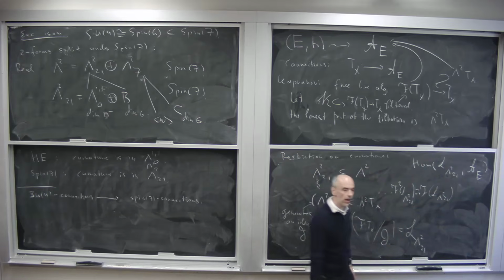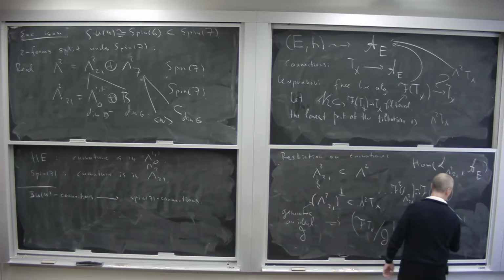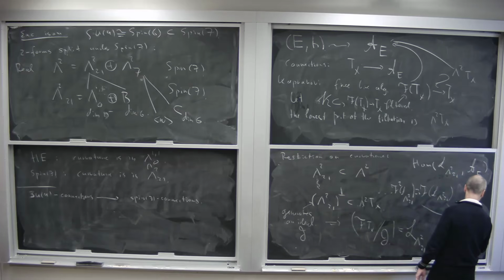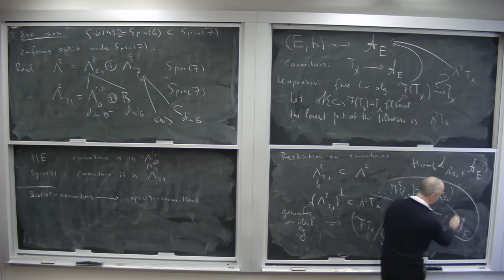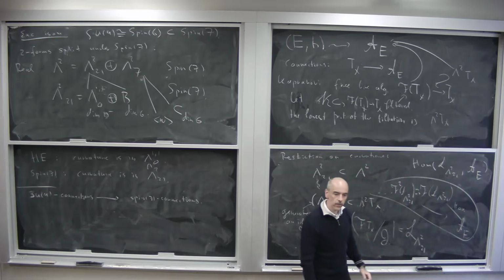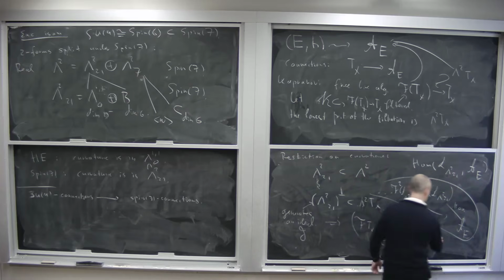And now you have Hom into A of E. You apply the Hom functor from here to here, from here to there, and so on. In this way, you'll get a co-simplicial diagram of infinite dimensional manifolds. So that would be your derived manifold of spin 7 connections.